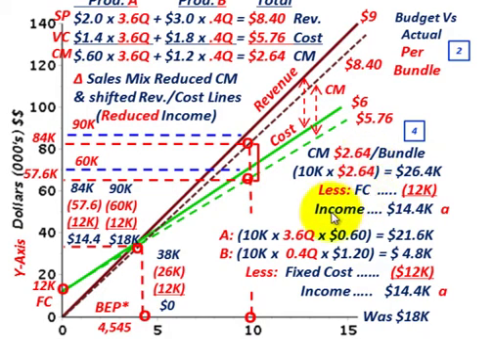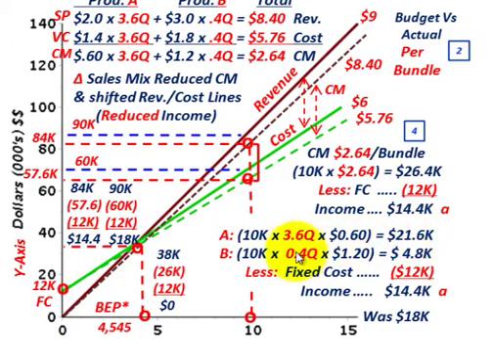Now, you can also look at it in these terms, just looking at product A and product B. 10,000 of the bundles that we're selling. Put in your sales ratio for A, 3.6 times the contribution margin of 60 cents per unit of A, and that's going to give you $21,600.